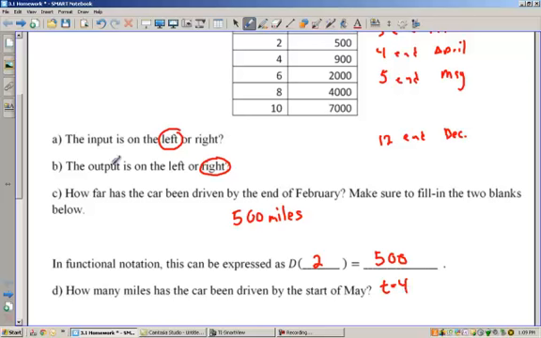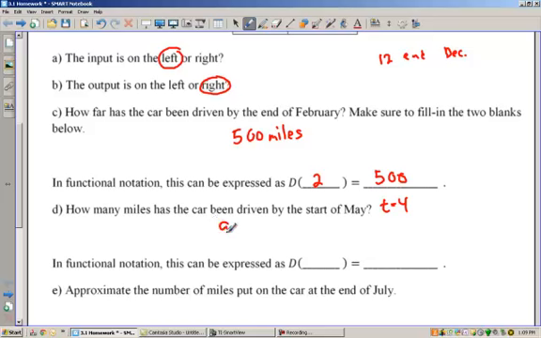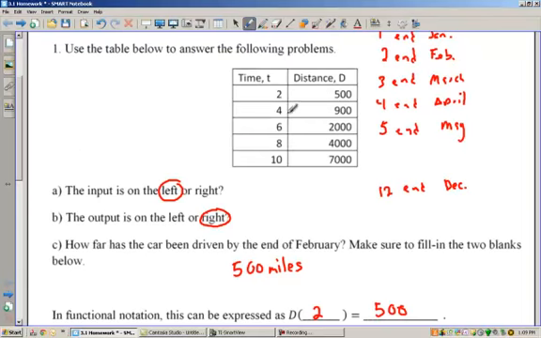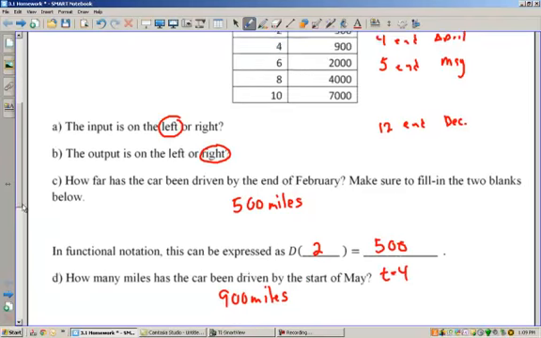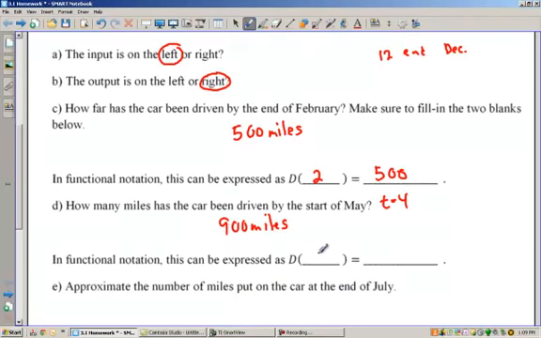All I need to do is go over and look at 4, and it's 900 miles. This is simply found by looking at the table. Again, in functional notation, d of 4 is equal to 900.